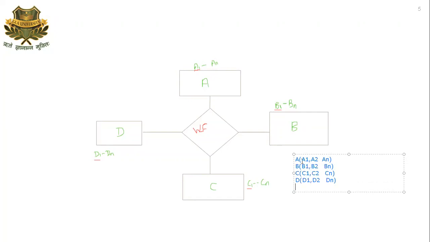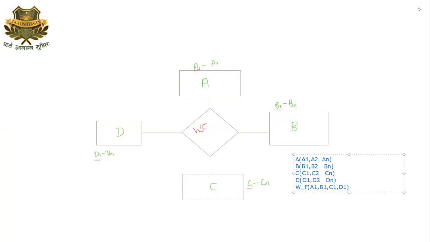Now make a fifth relation. Suppose the name of the fifth relation is W_F. In this fifth relation, write the key attributes of all strong entities, which means A1, B1, C1, D1, like this, right?